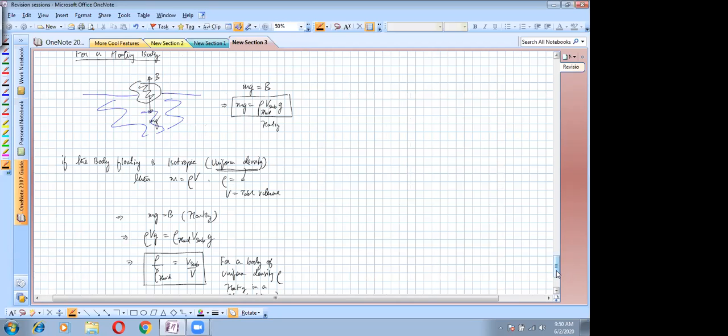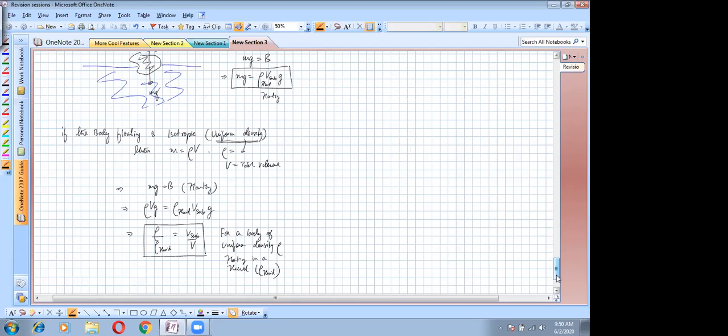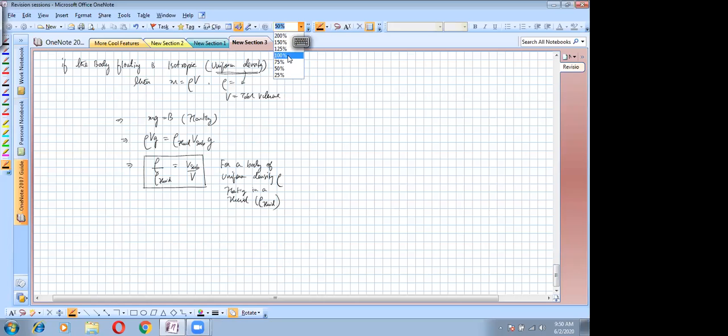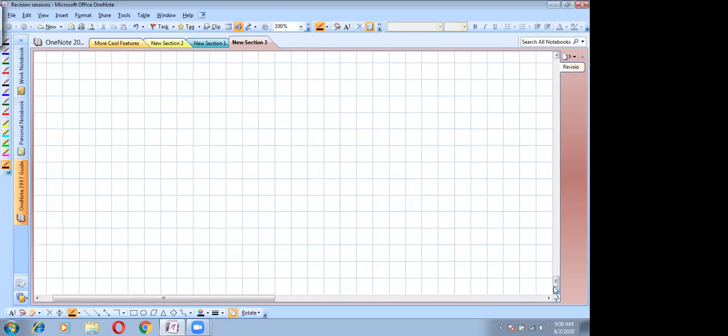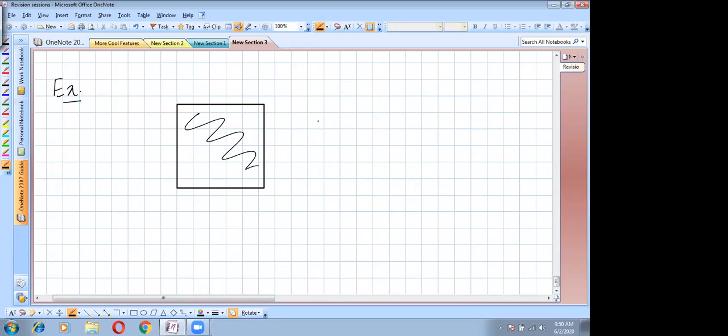So let's understand an example based on this now. So next up, what's happening is that we have a solid cubical wooden block of dimension L by L by L, where L is equal to, let us say, 20 centimeters.